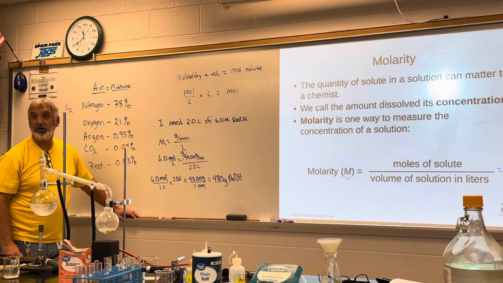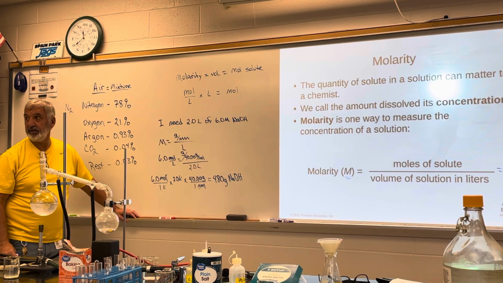Okay, so I had to go and get 480 grams of NaOH, comes as a solid, weigh it out, and then dissolve it in enough water to make 2 liters of solution.